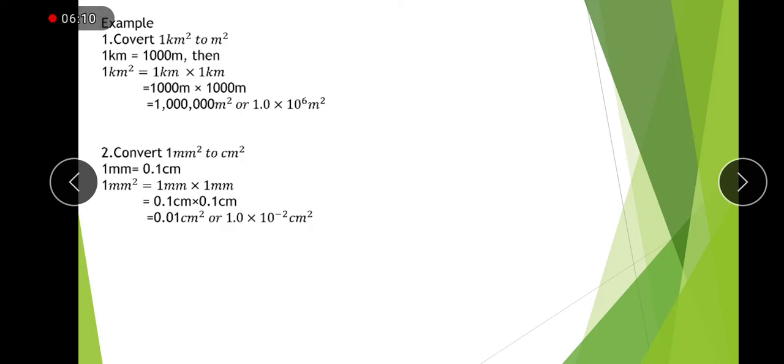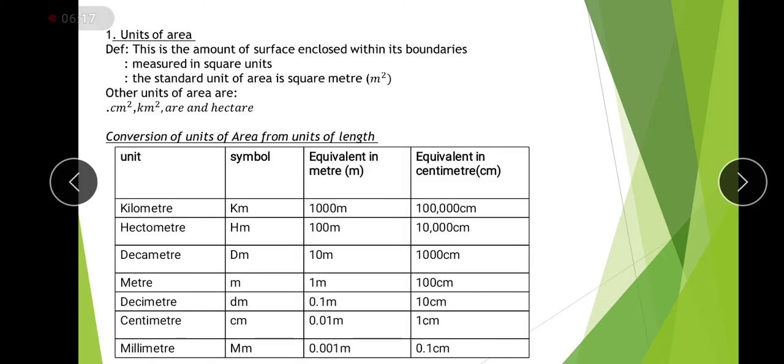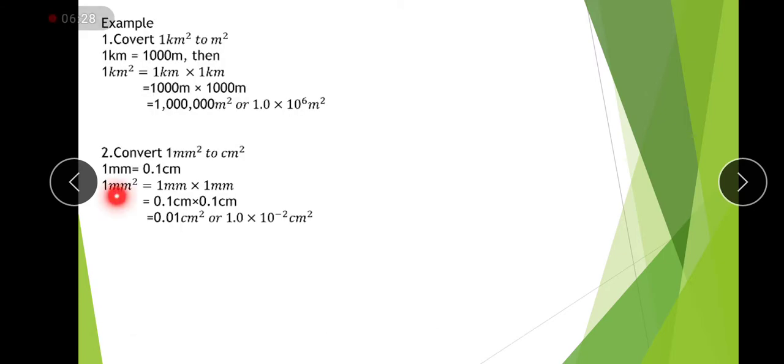Example number 2, I want to convert square millimeter to square centimeter. From this table, you can clearly see that 1 millimeter is equivalent to 0.1 centimeter. Now, 1 square millimeter is equivalent to 1 millimeter multiplied by 1 millimeter. You have a square measuring 1 millimeter by 1 millimeter.